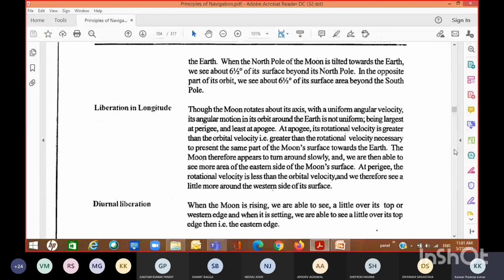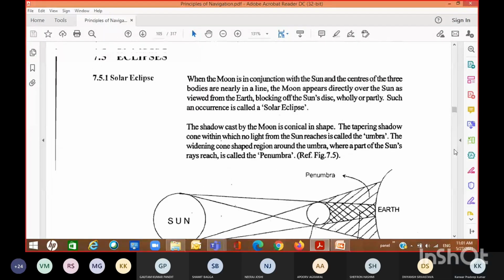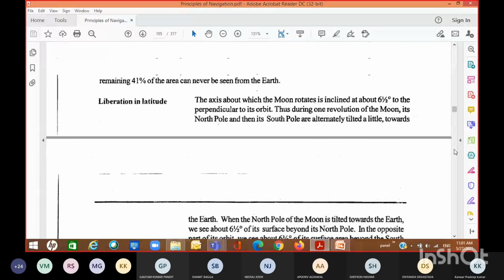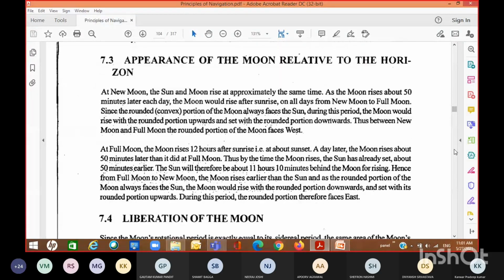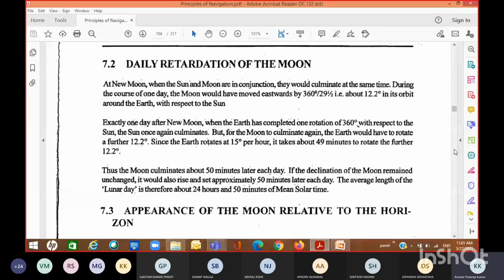I'm seeing if there is any diagram over here or not. In some other book there is a diagram.